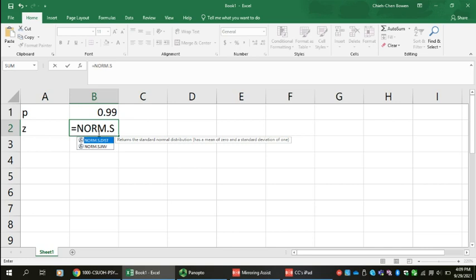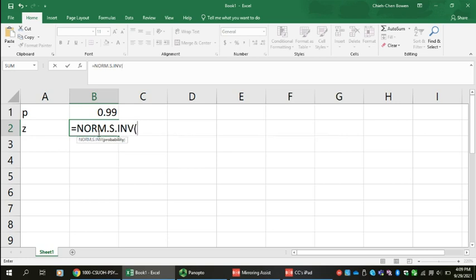But in this particular problem, it's reversed. We have a known probability, and we're going backwards to find the z-value associated with that known probability. Because it's reversed, we are going to do the inverse, INV.